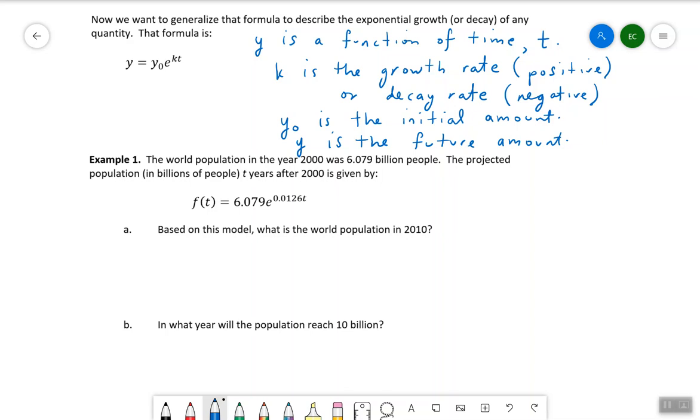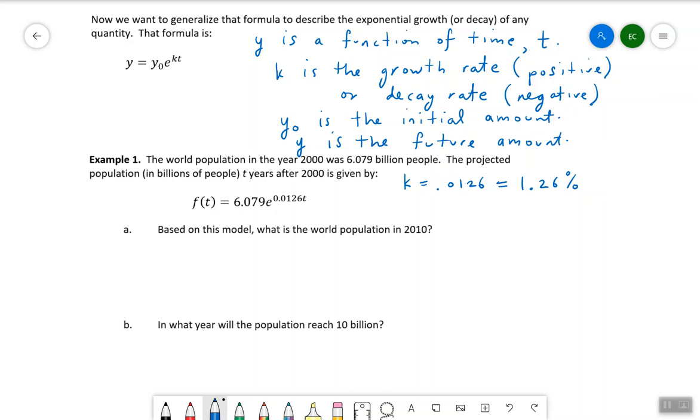You can see the initial amount, 6.079, shows up there in place of y sub 0, and you can see the number in place of k. The growth rate is 0.0126, or 1.26%.